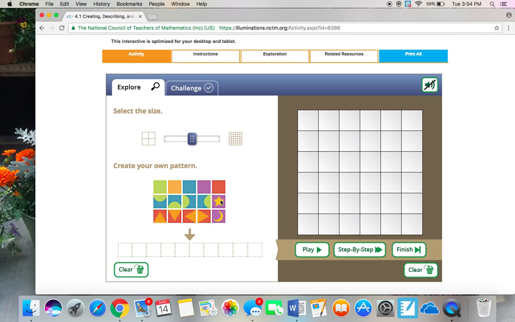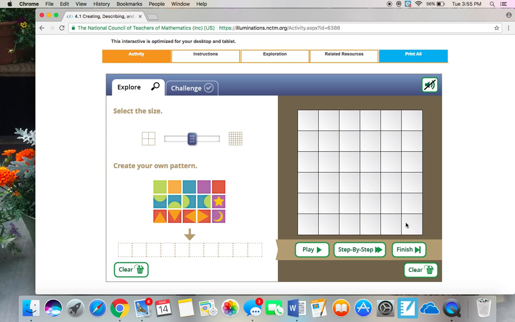Another challenge you could give the students is make a pattern where you have a diagonal red line. So red in this one, in this one, in this one, this one, this one, and this one. That would probably require the students to explore different patterns, try and figure out how often they need a red one.